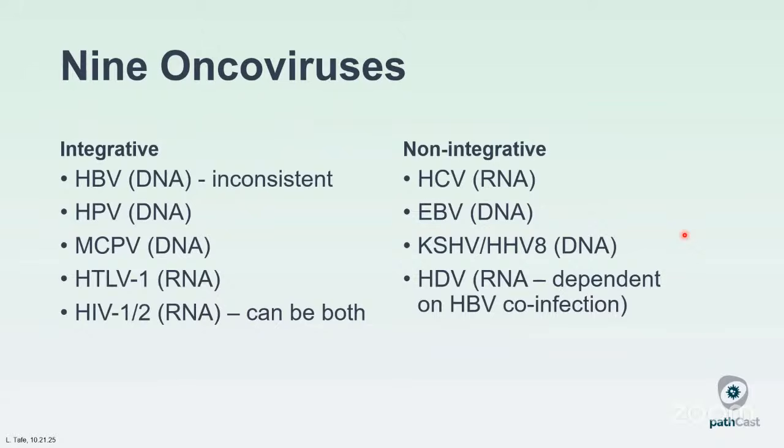They are a mixture of DNA and RNA viruses, and you can see them listed here. The integrative ones: HBV, HPV, Merkel cell polyomavirus, HTLV, HIV. Non-integrative: HCV, EBV, Kaposi sarcoma herpesvirus, and HDV being relatively the new one to be discussed.